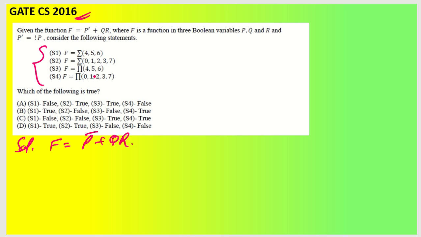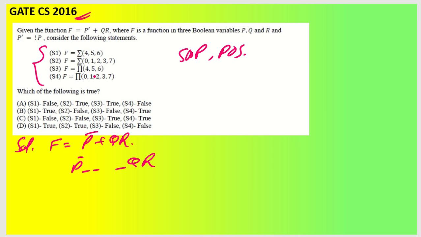Now if I try to express this in terms of min term and max term summations or multiplication, that is SOP form or POS form, then what will happen? You already know. I can write it down as p bar qr, and then p is missing actually, then qr.